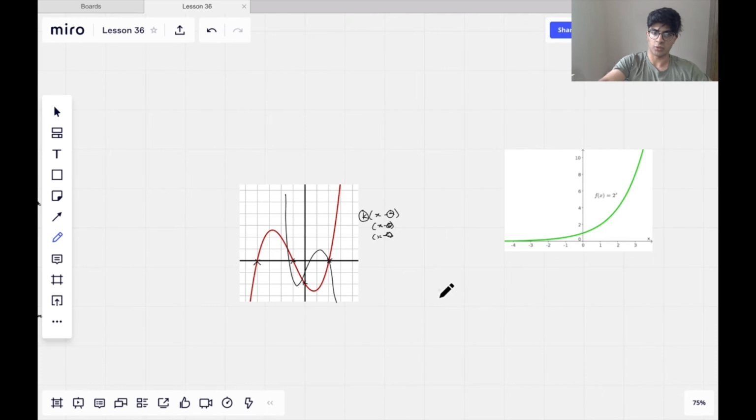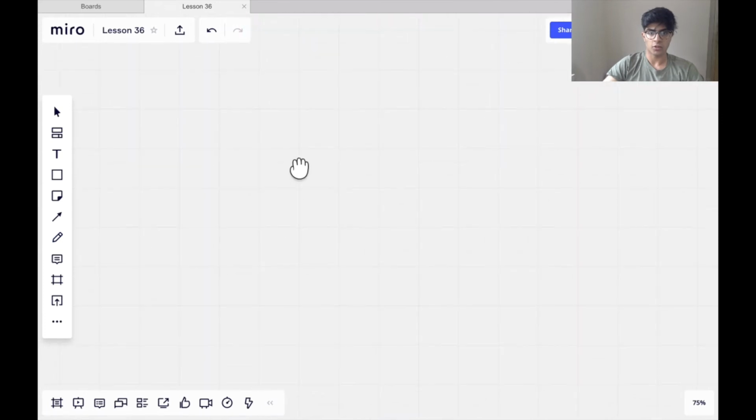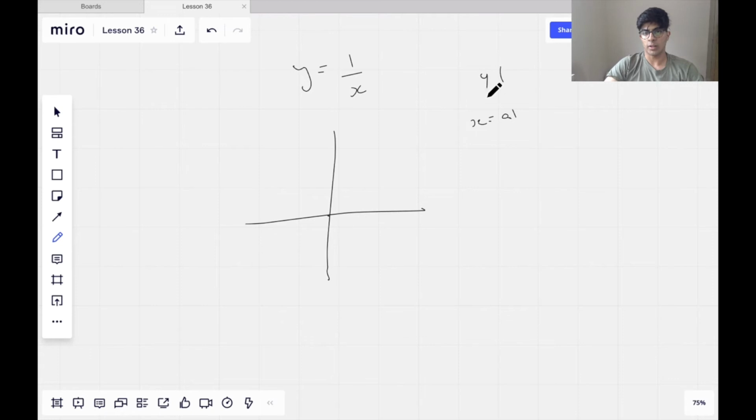For example, we can talk through this. If we have the graph of y equals 1 over x, when x is small, say x equals 0.1, y equals 1 divided by 0.1, which is 10. If x is equal to 0.01, y will equal 1 over 0.01, which is 100.